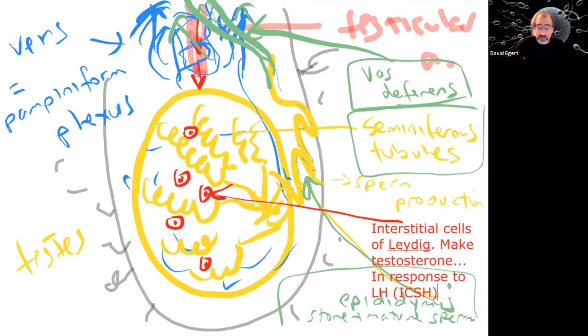Those are just synonyms. So when we're thinking about the testes, they're doing two independent things. One is the interstitial cells are making testosterone. Then we have these tubes where sperm are getting made. Now we can look at both of these in a little more detail.